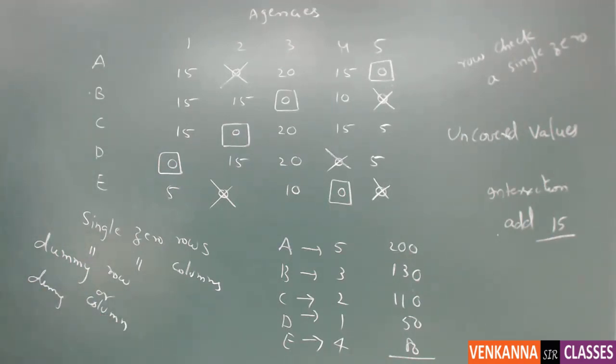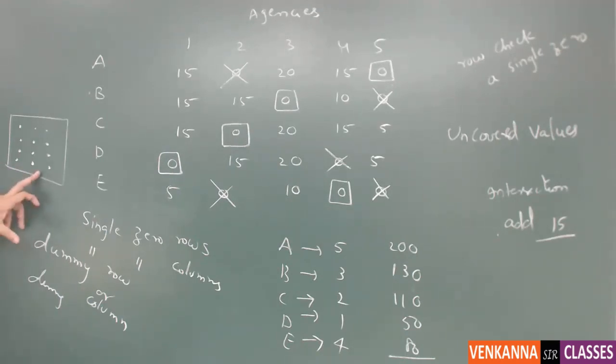So let us imagine the case that you have the values here. This is the matrix I have got. Now what is to be done? I need to go for a dummy row or dummy column.